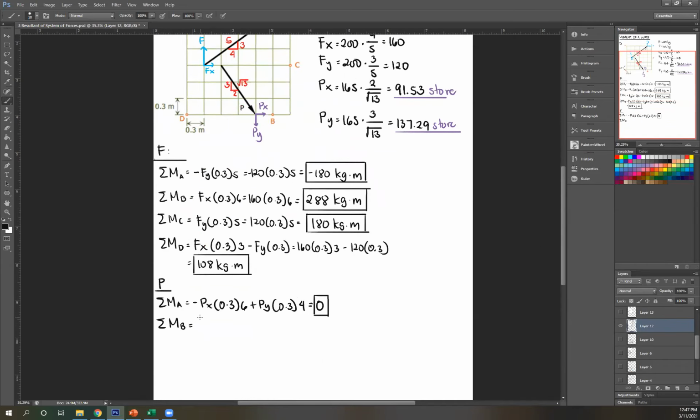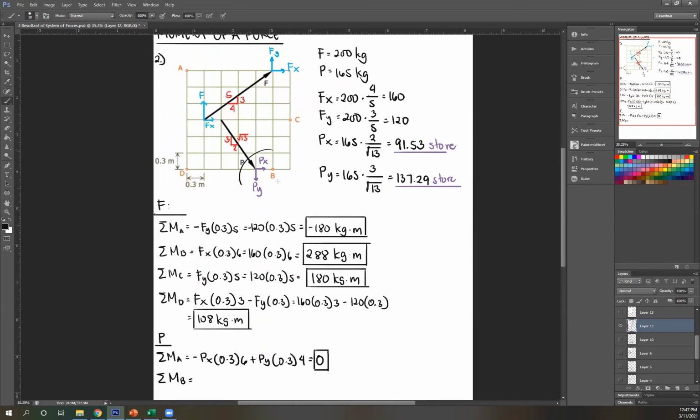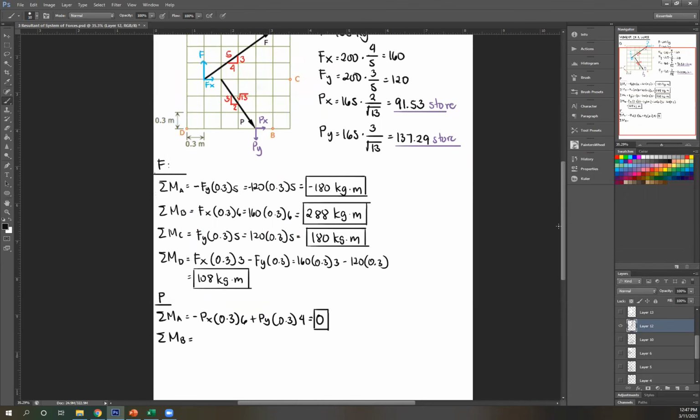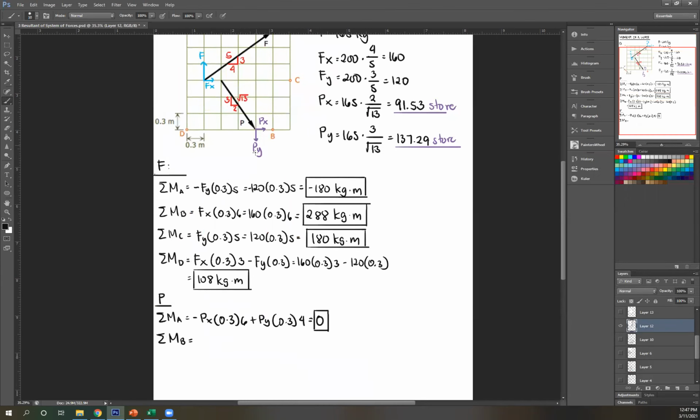Okay, now let's move on to letter B. Moment at B. I already put my components there. Px passes through B, so Px is not considered anymore. So let's use Py. Rotate Py about B, that's counterclockwise. Negative Py, distance is just 1 block, so that's just 0.3. What's the answer?